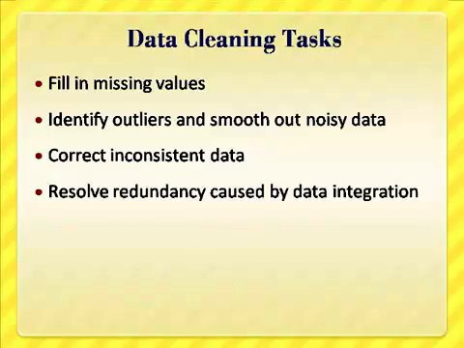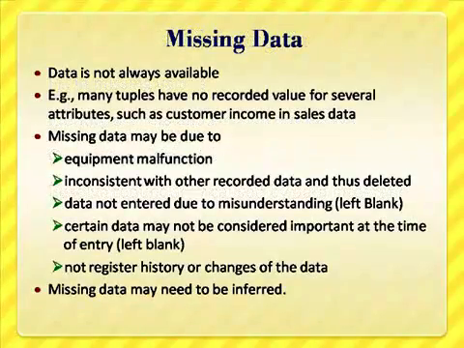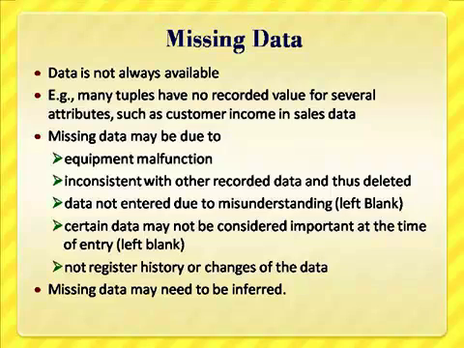Data is not always available. For example, many tuples have no recorded value for several attributes, say, age of a person or customer income in sales data. The missing data may be because of malfunction of the equipment, or being inconsistent with other recorded data, or the data might not have been entered due to misunderstanding, and we may give a blank value.